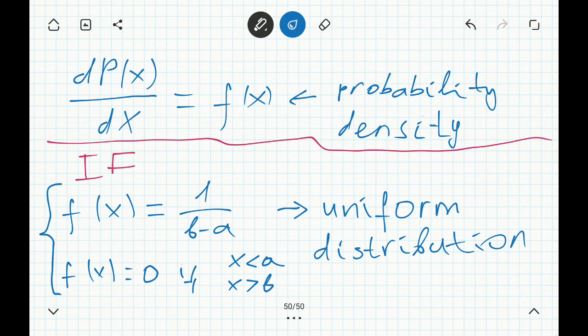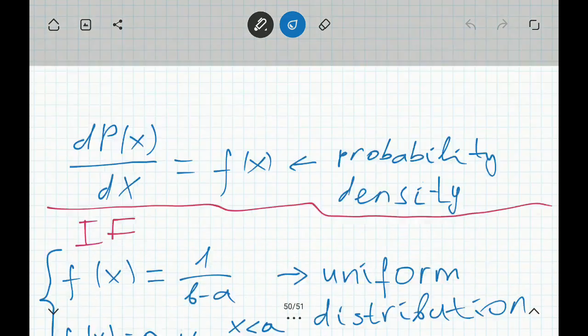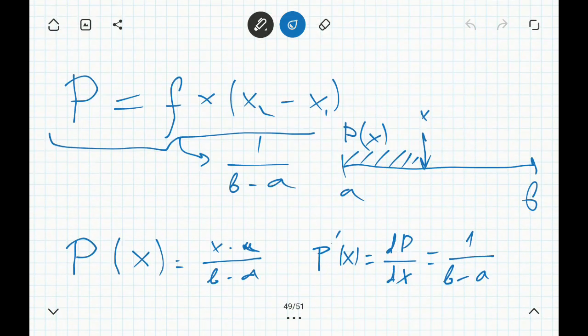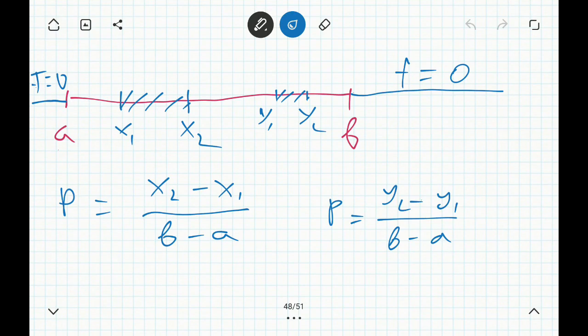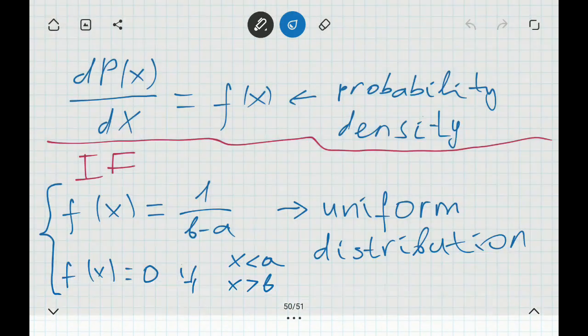So uniform distribution is a continuous distribution of a random variable which is equally likely to have a value anywhere inside your segment. And that will never happen outside it. So that will be your uniform distribution.